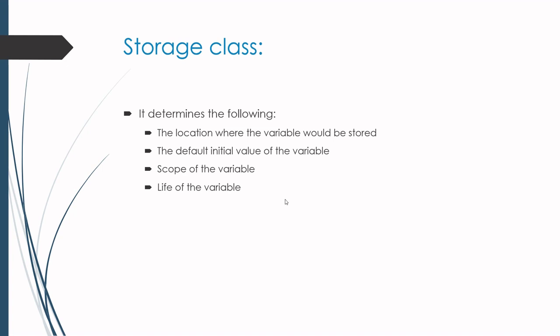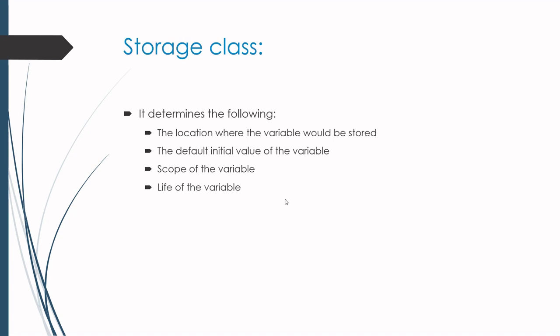In addition to that, we can set the default initial value. Actually, we are not able to set it; whenever you define the storage classes for some set of variables, according to the type of storage class, the default initial value of the variable will vary.